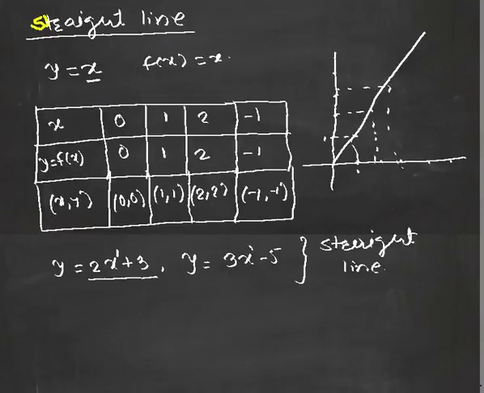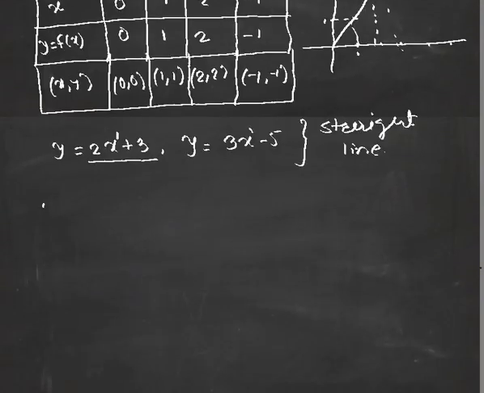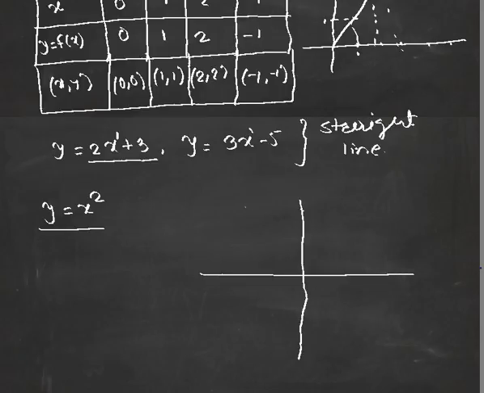And if y is equal to x square, suppose this is a function, now if we similarly plot it with a table, the graph will look like this.